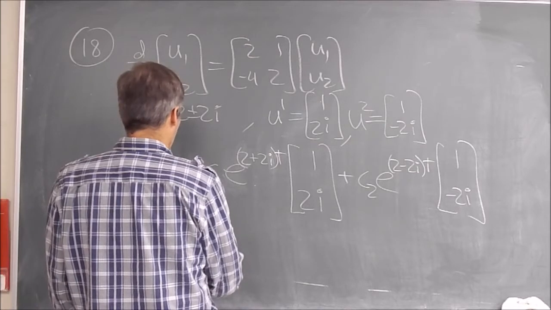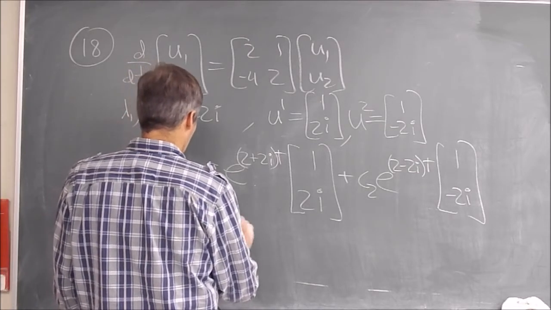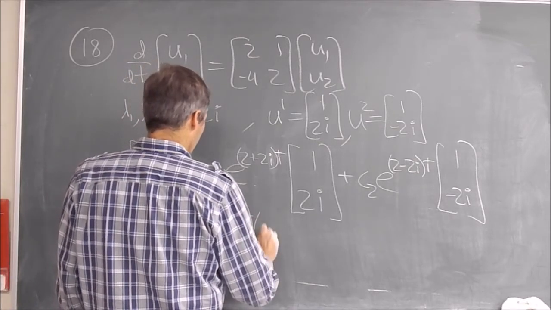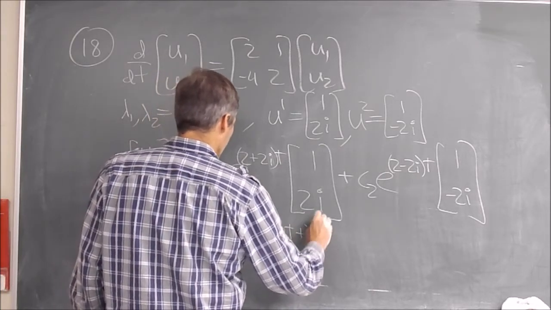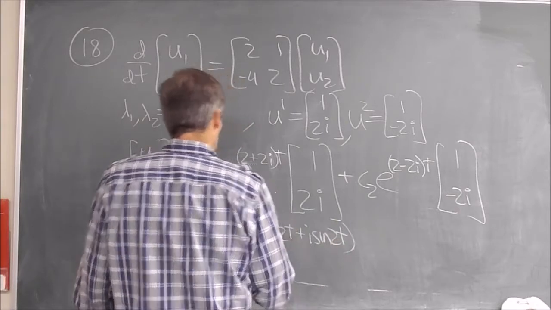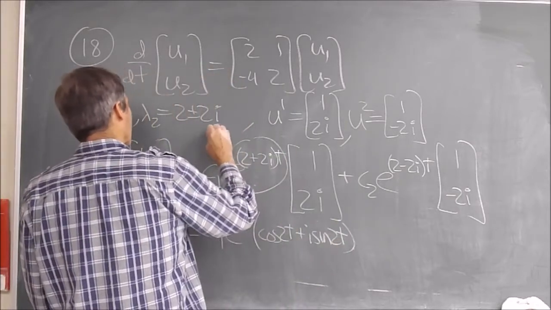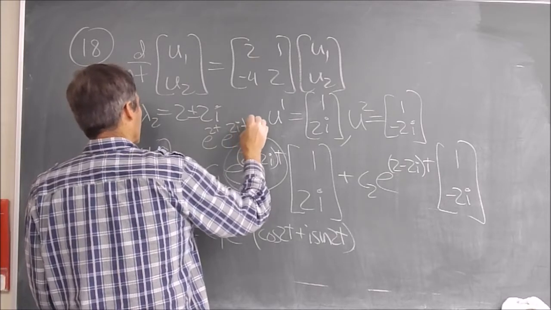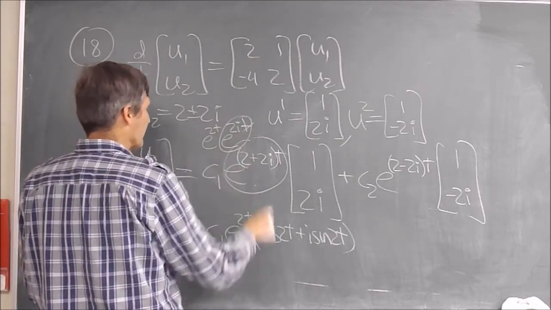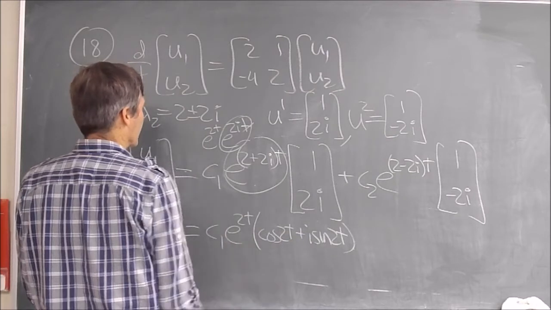So we're going to rewrite this using Euler's formula as c1 e to the 2t times cosine 2t plus i sine 2t, recalling that this is e to the 2t times e to the 2it, and e to the 2it is cosine 2t plus i sine 2t.